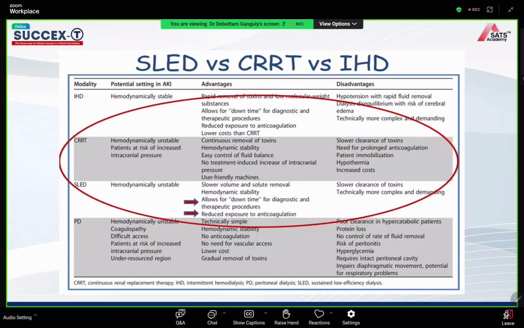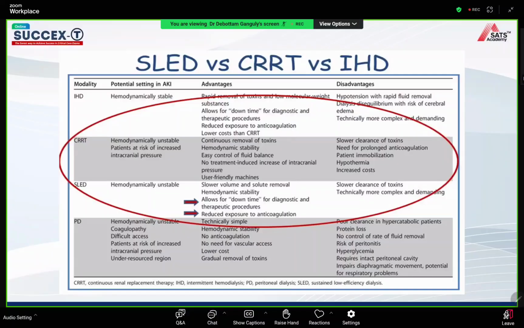Disadvantages: rapid fluid removal causes hypotension. Dialysis disequilibrium syndrome occurs because of rapid reduction of plasma osmolality. And technically the technique is more complex. In case of CRRT, there is a need for prolonged anticoagulation, and the patient needs to be immobilized.